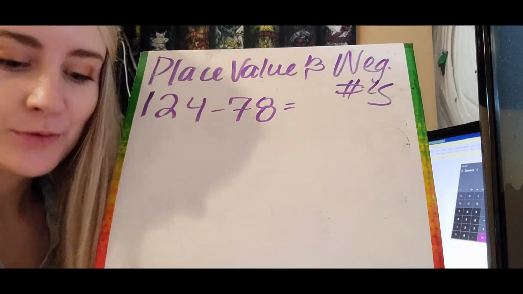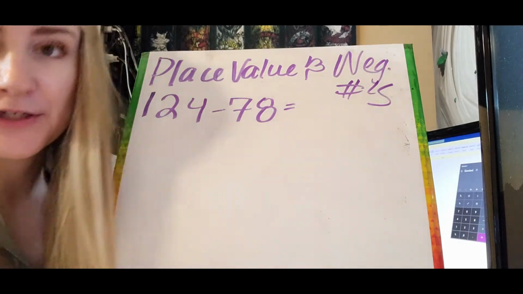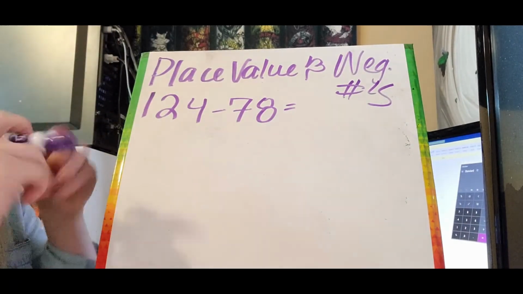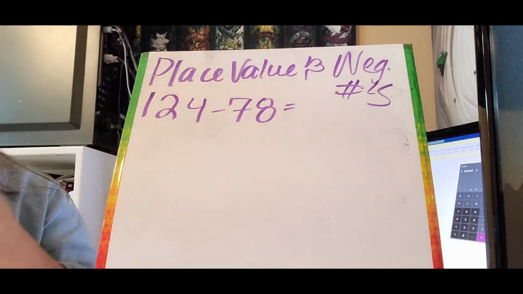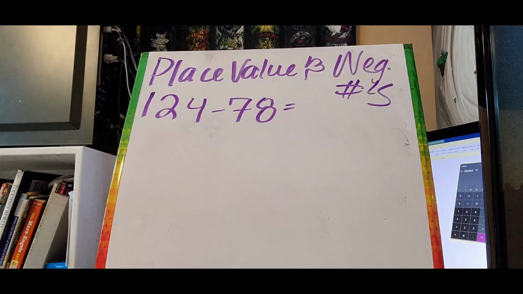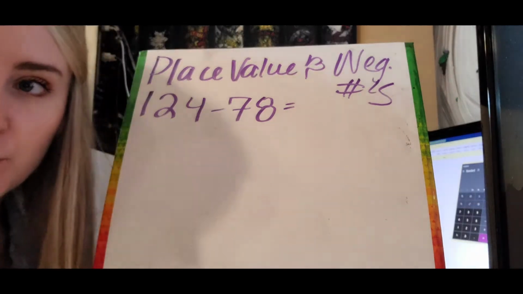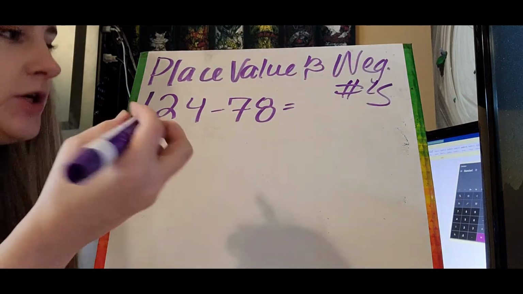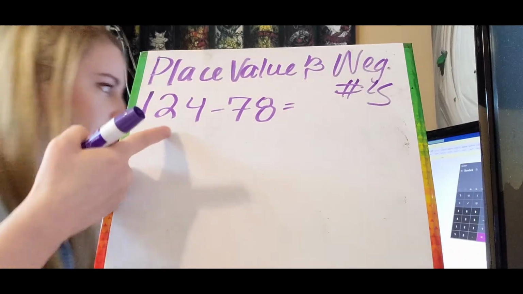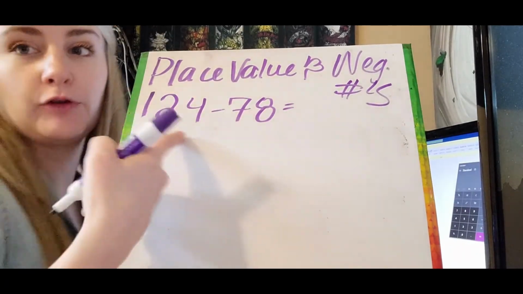To be honest with you, this is probably my favorite strategy. So what we're going to do is subtract 78 from 124, but we're going to do it with a sort of table, if you will. So let's see. We know we can break up 124 into a few different parts.